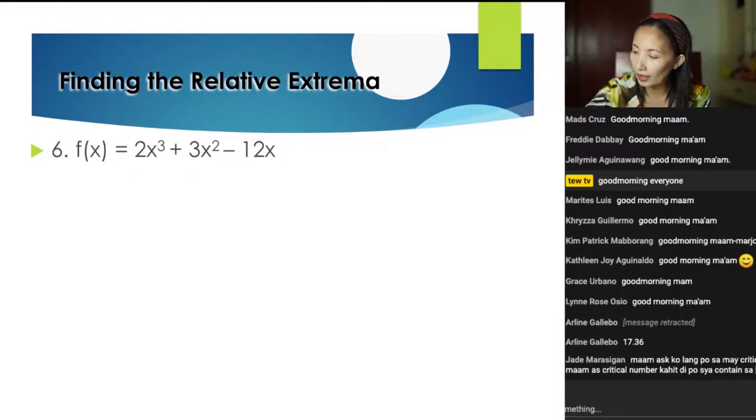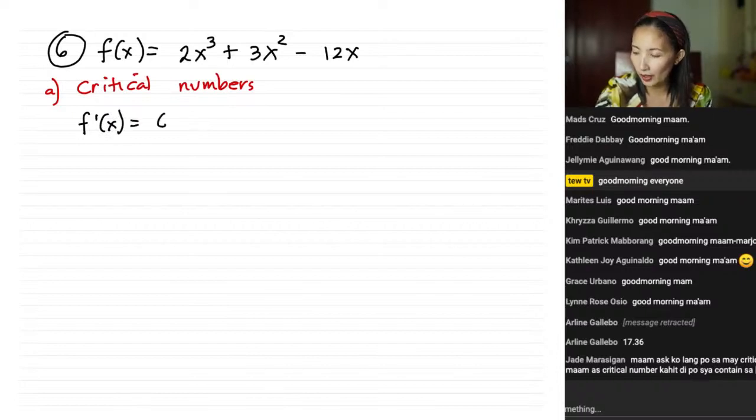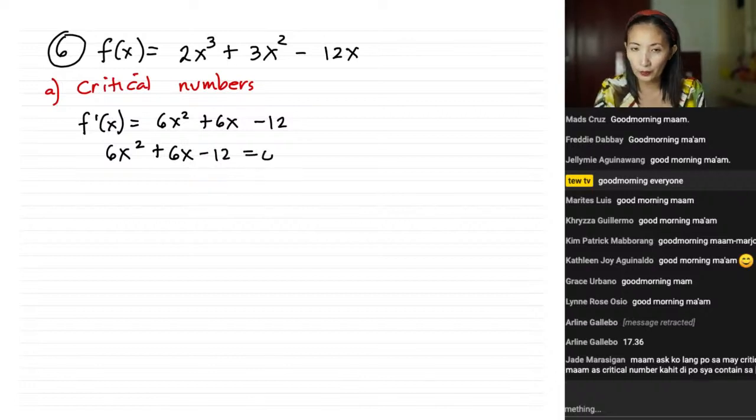So, finding the critical numbers, take the first derivative: f prime of x equals 6x squared plus 6x minus 12. Then we set this to 0 to find the critical numbers. 6x squared plus 6x minus 12 equals 0.